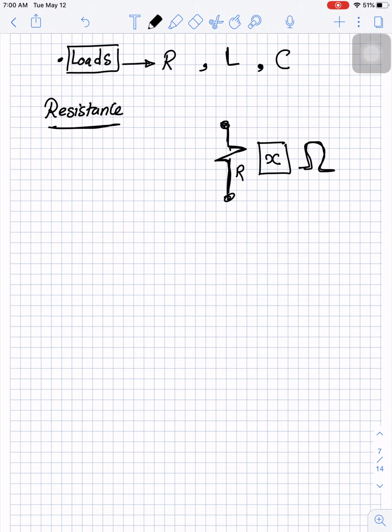Which means we have almost four unknowns: direction of voltage, direction of current, value of voltage, value of current. But actually, the voltage and current are related together. How are the voltage and current related? They are related using Ohm's law. So Ohm's law is V equals Ri.